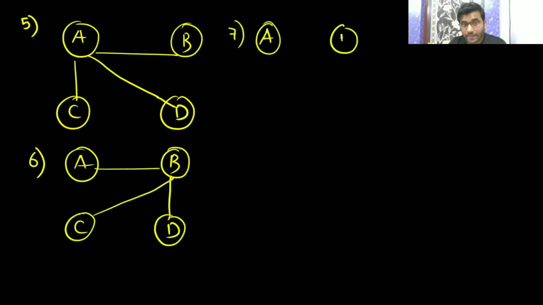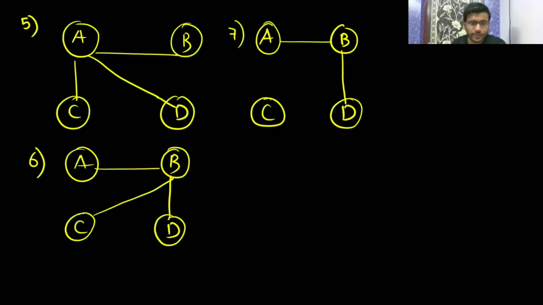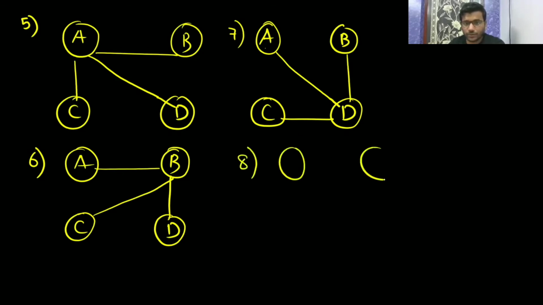I'm taking all the patterns by which we can get a spanning tree, by which we will be able to connect all the vertices. This we have got for A, B, D. Now for C also we can get.